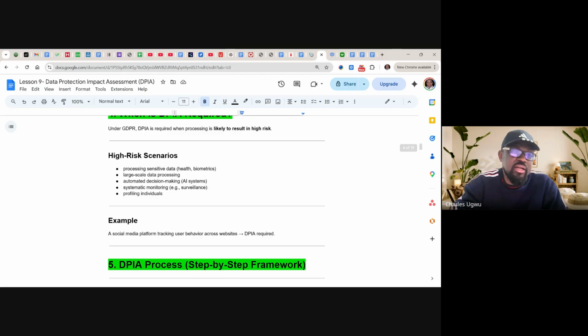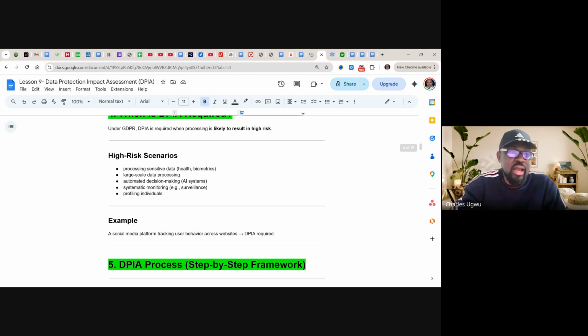These are high-risk scenarios of data: processing sensitive data like health data and biometric data, large-scale data processing, automated decision-making using AI, systematic monitoring, that is surveillance, and profiling individuals.